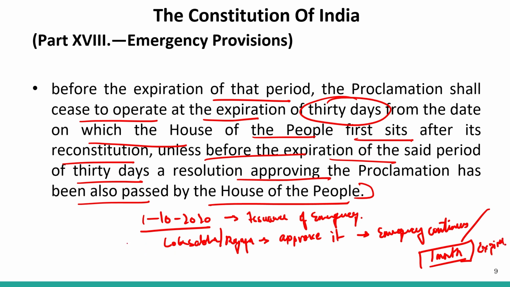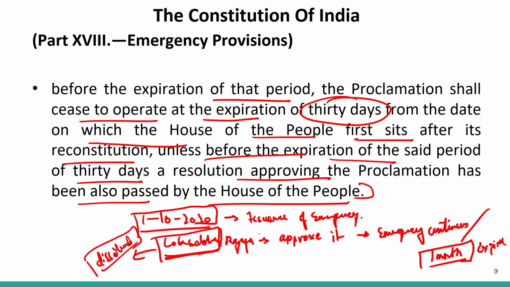Now, let's take one more consideration which has been mentioned in this particular paragraph. Once that emergency has been proclaimed, the Lok Sabha is dissolved. Dissolved means it is not working. And the Rajya Sabha has approved the emergency. The emergency will continue till the time that the House of the People again sits. And once they sit, they have a time period of 30 days.